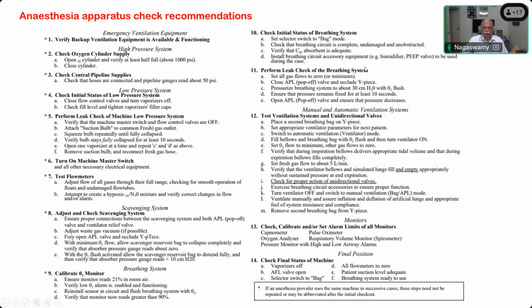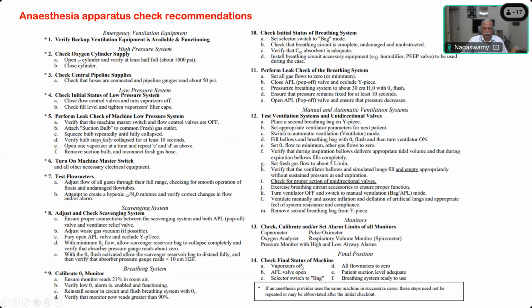And leak in the breathing system has to be checked by closing the valve and then pressurizing the reservoir bag, and then trying to squeeze it or see whether it crumples because of a small leak that is happening. And then the monitors, all the monitors like capnometer, pulse oximeter, oxygen analyzer, all these things have to be made sure.